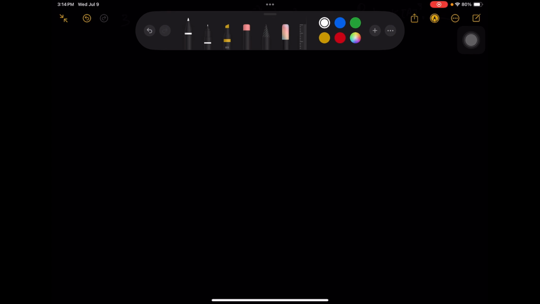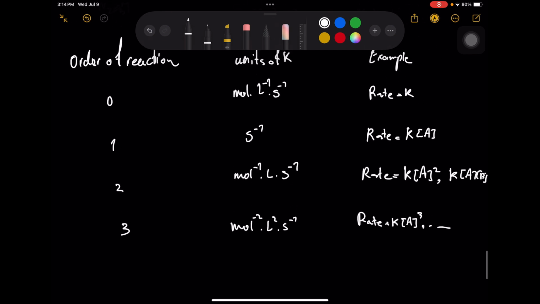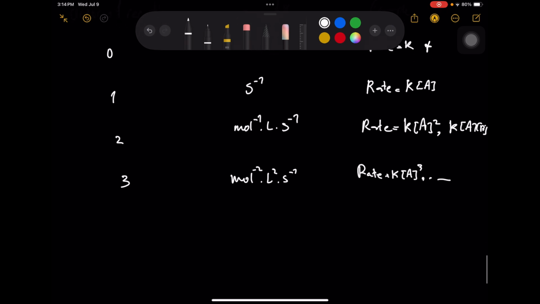So if you want to start with a zero order, the rate of zero order is just k, right? As we said here, the rate is just k.